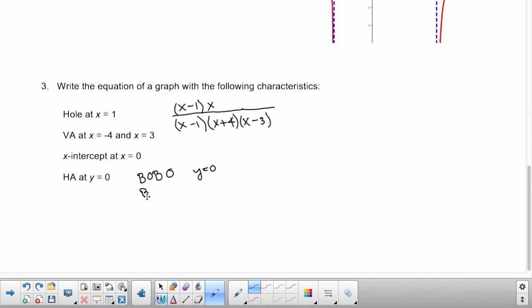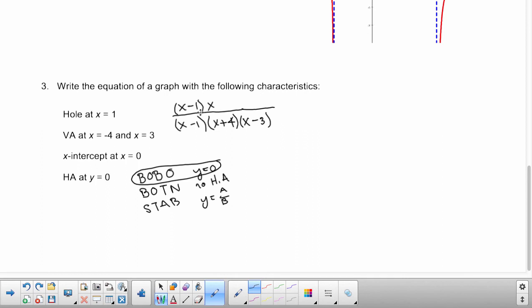We could have bigger on top, which indicates that there's no horizontal asymptote. And we also have STAB. If it's the same, then we look at y equals a over b, where a and b are the leading coefficients of the top and bottom respectively. All right, so we have y equals 0, so it corresponds with bigger on bottom, or BOBO.